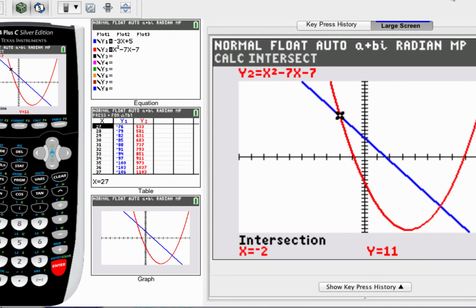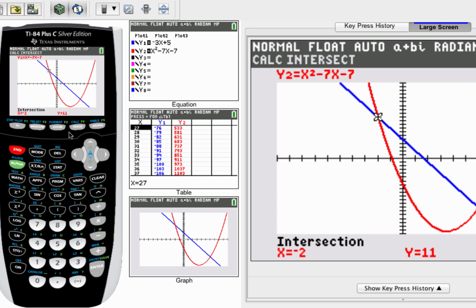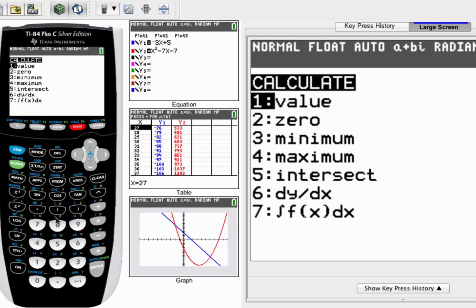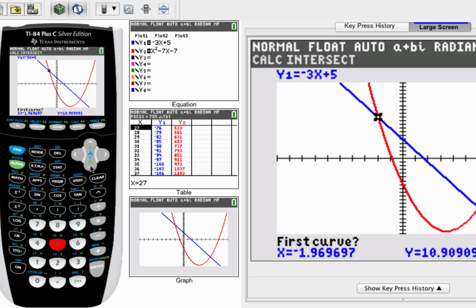So we're going to come back here and we are once again going to do second function, intersection. And I'm going to move my cursor so that it's close to the second point.